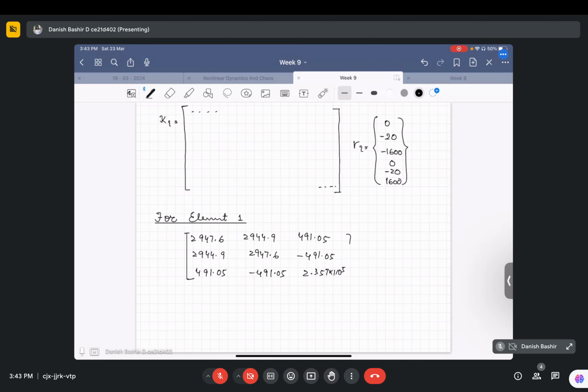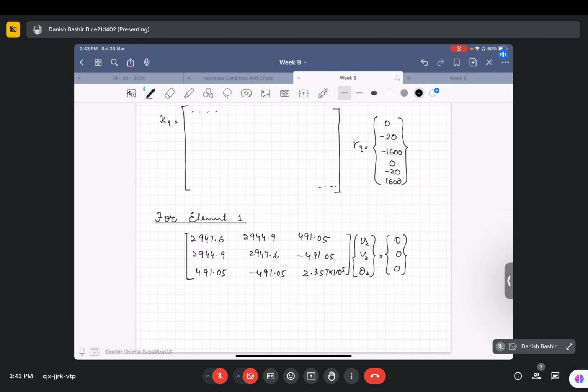Okay, we will be having degrees of freedom of node 2 only, that is u2, v2, theta 2, which is equal to, for this element, 0 0 0.